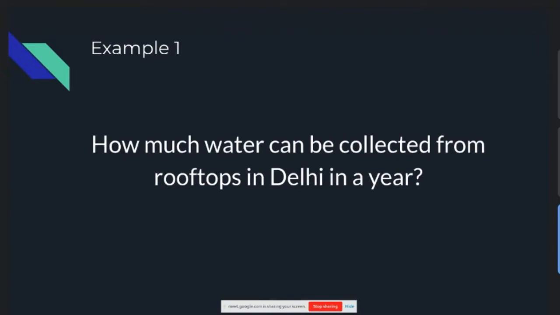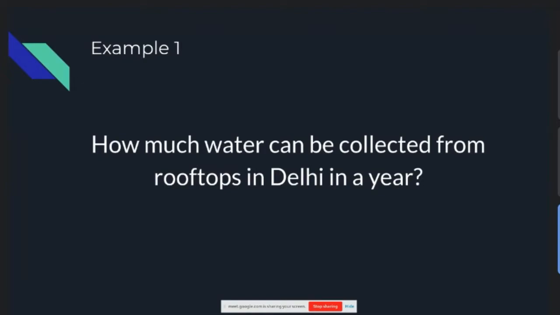So let's see how much water can be collected from rooftops in Delhi in a year. Now, the approach. Before the approach, you can ask some clarifying questions to your interviewer. This is a very clear-cut question, right? But there can be some problem statements, for example the ambulance one I told you.